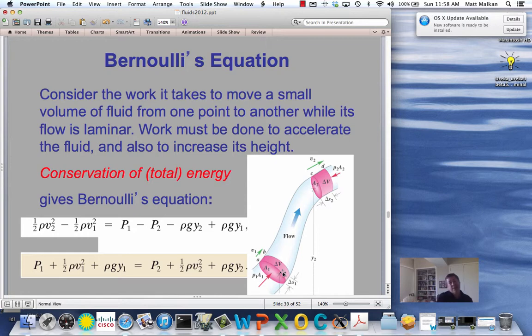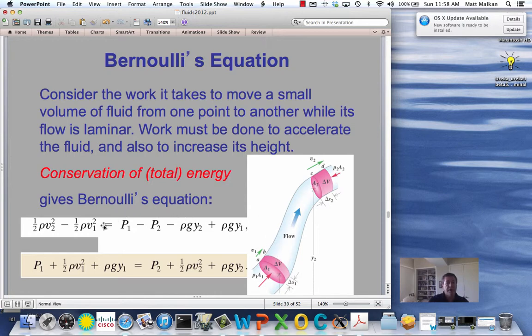Does this sound like 6a? It's basically just 6a applied to this moving fluid packet. In general, this is a fairly complicated equation. It's all bookkeeping. There are a lot of terms you might have to keep track of, unless some of them simplify in the problem I'm going to give you on an exam.